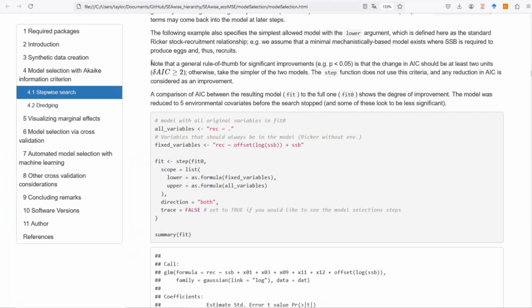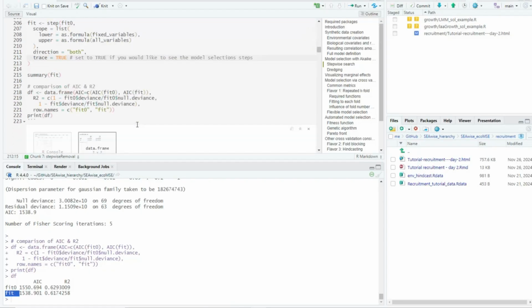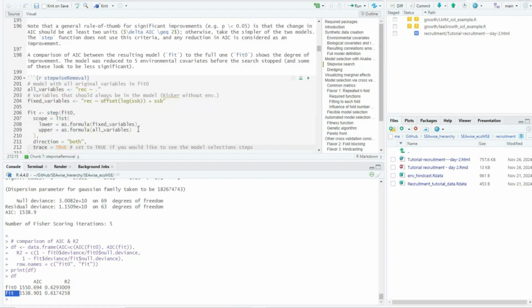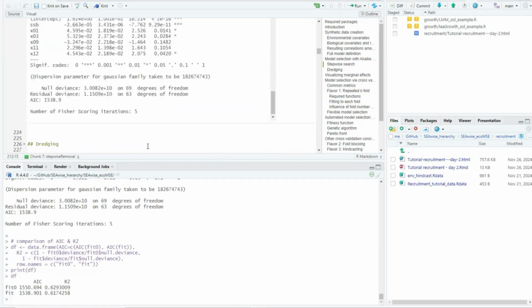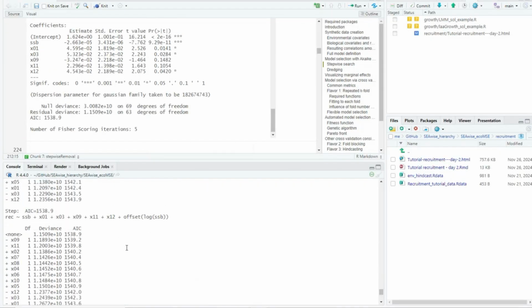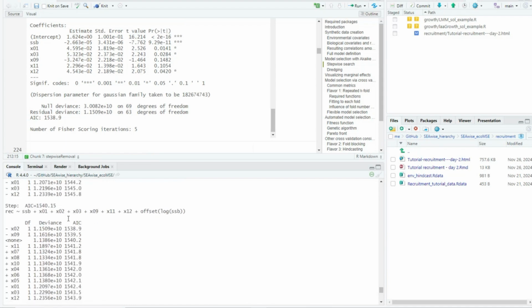Yeah, and note that a general rule of thumb for significant improvements, so let's say this P 0.05 level, is generally that your change in AIC, your delta AIC, should be bigger than around 2. And so we saw in that example that, in this last step, we went from, well, let me take the step before.